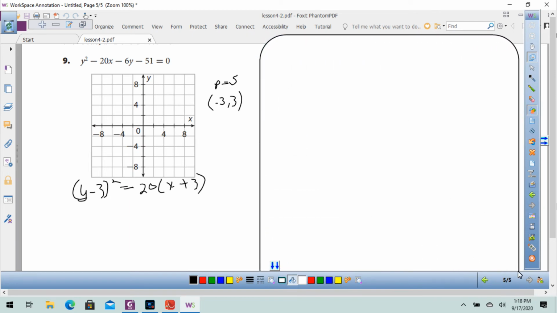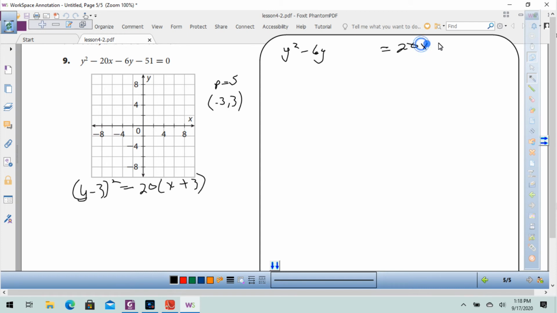Okay? Now, for those of you that like a little challenge, I will go ahead and show you how it's done, just for giggles. We got y squared minus 6y equals, I moved it to the right, I added 20x, and then 20x plus 51. Now I'm going to add (b over 2) squared to both sides.